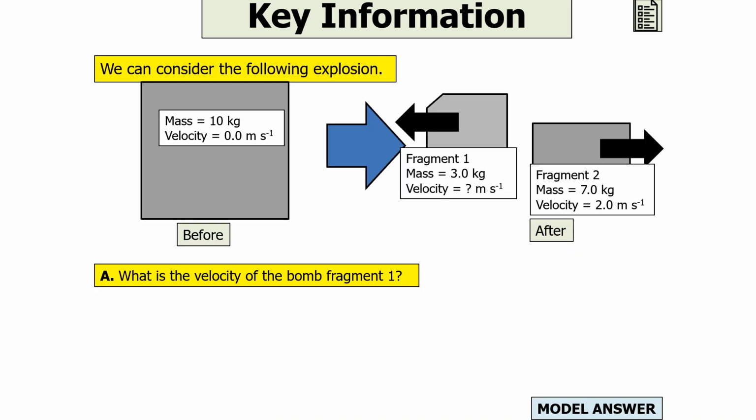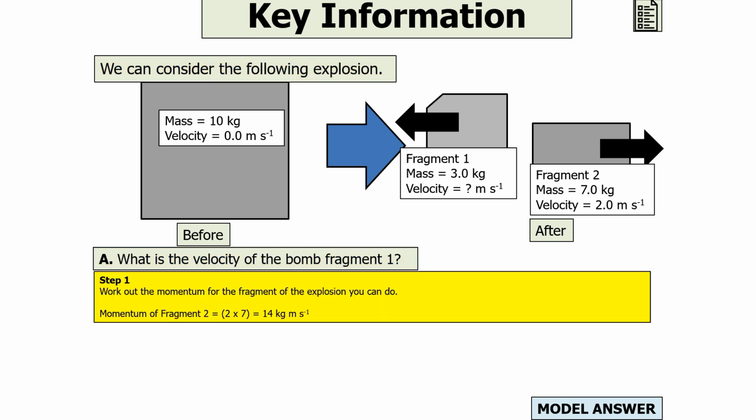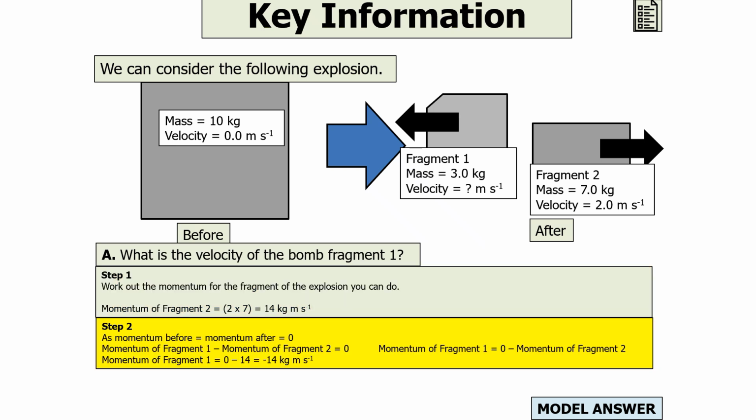So let's have a look at the following example. What's the velocity of bomb fragment 1? So the first step is to work out the momentum for the fragment of the explosion you can. So the momentum of fragment 2 is 2 times by 7, which is 14 kilogram meters per second. As the momentum before equals the momentum afterwards, if beforehand was 0, afterwards must equal 0.